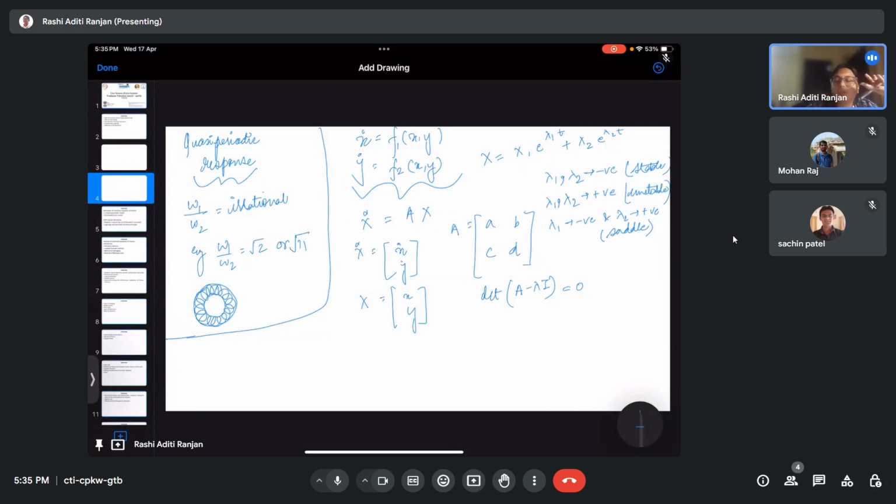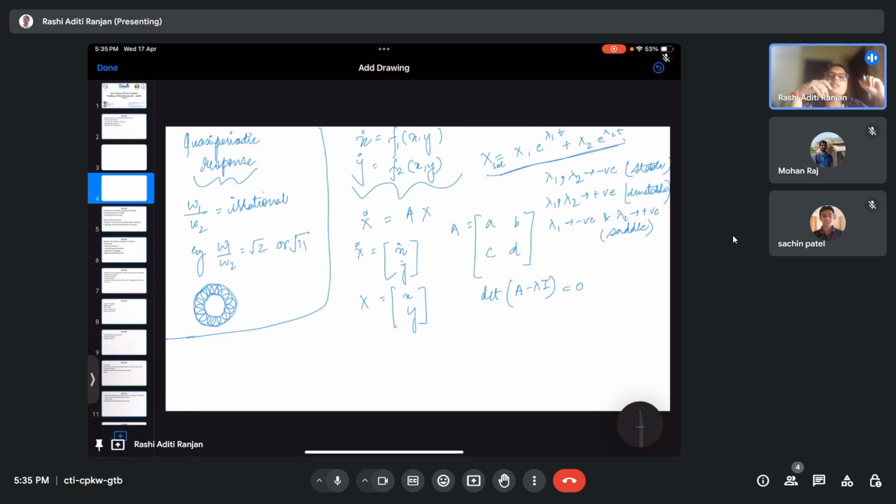Remember, I also discussed a question wherein I plotted the phase plot in order to show how the saddle is going to behave, because you can see it from the equation of capital X also. Let us assume it as the x solution.